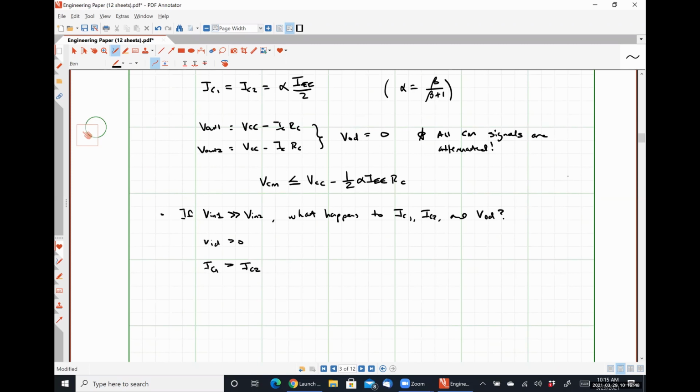So let's see, how can I write this down? IC is proportional to the exponential of VBE over VT.